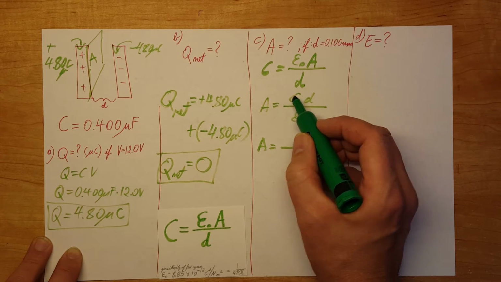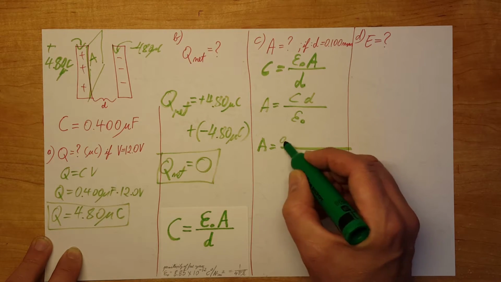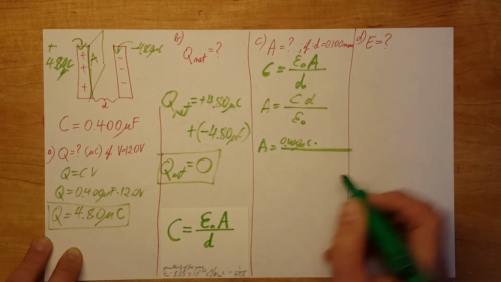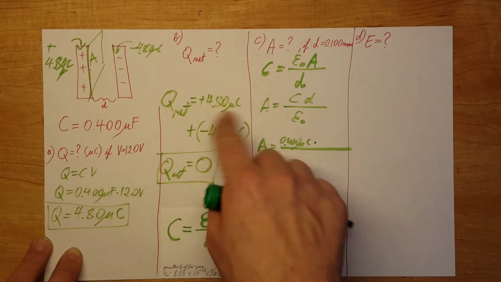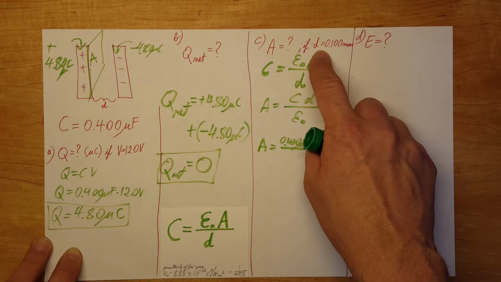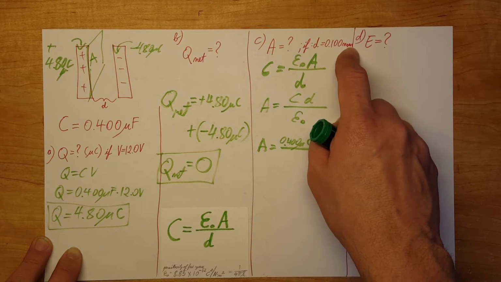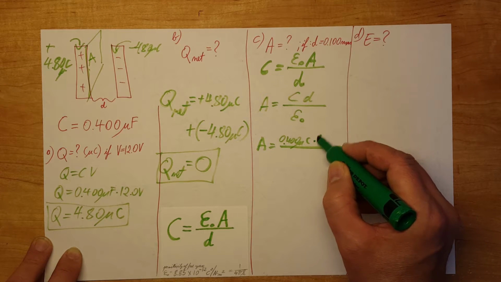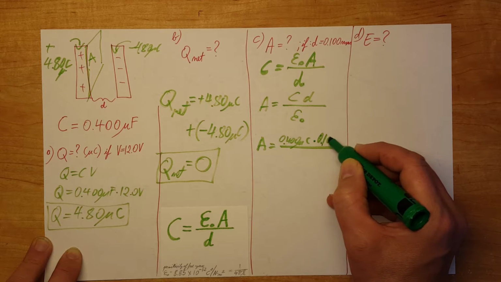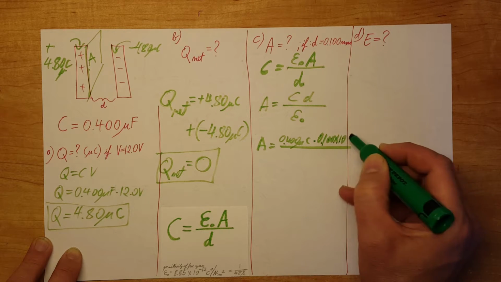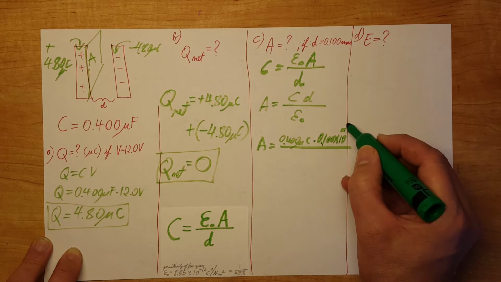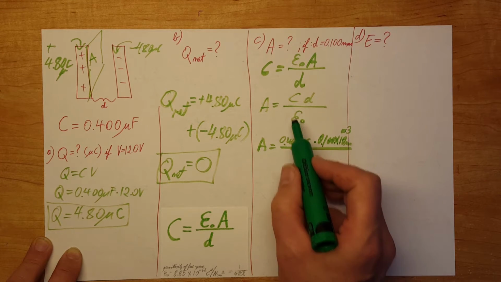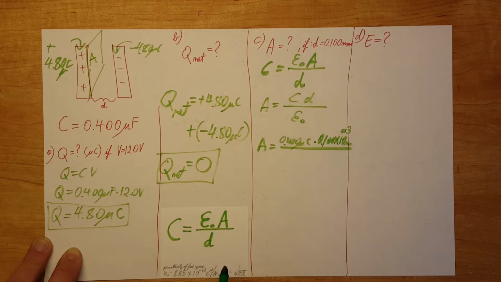Our capacitance was given, 0.400 microfarads, times the distance, which is also given. Distance is 0.1 millimeters, but we have to convert this one to meters. So 0.1 times 10 to the negative third meters, divided by epsilon naught, the permittivity of free space.